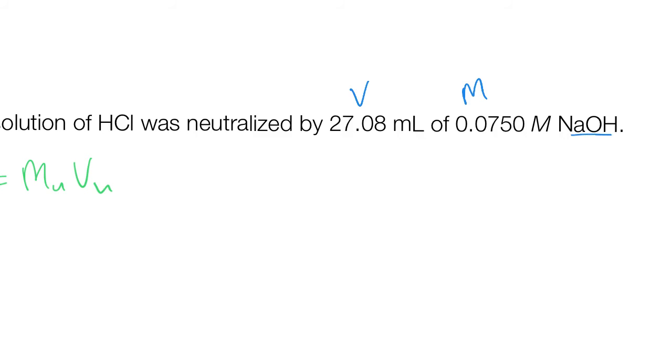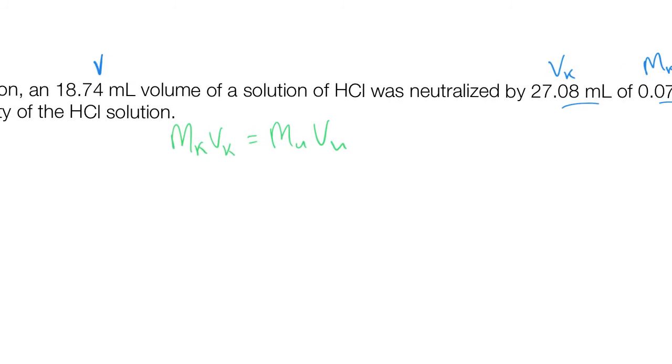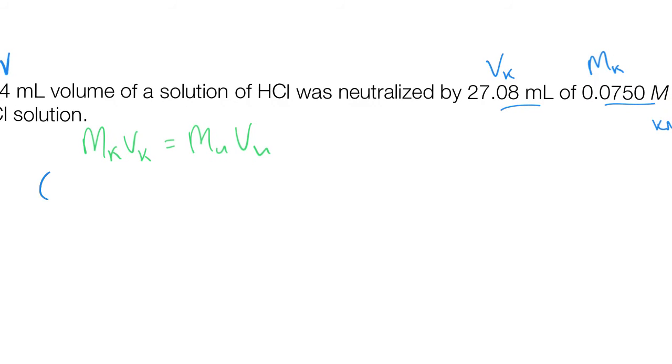And since the sodium hydroxide is the substance that I'm given two different numbers for, this is my known substance. So I'm going to keep these two numbers together as my known volume and known molarity and plug them in over here. So my known molarity is the 0.0750. My known volume is 27.08.